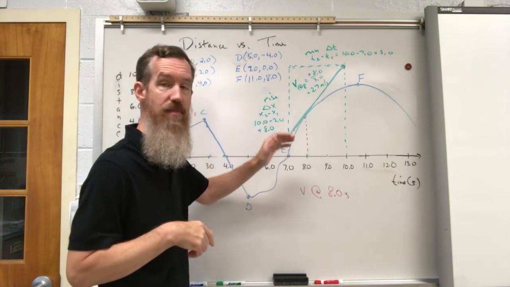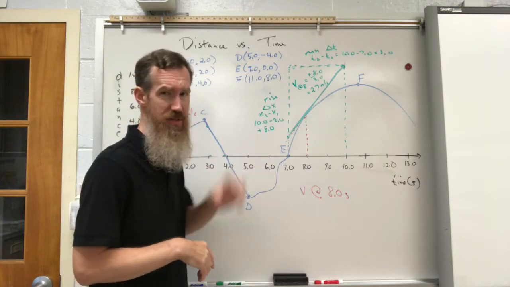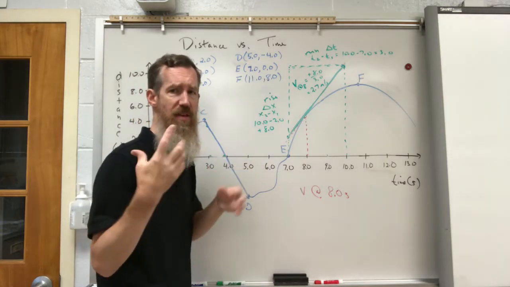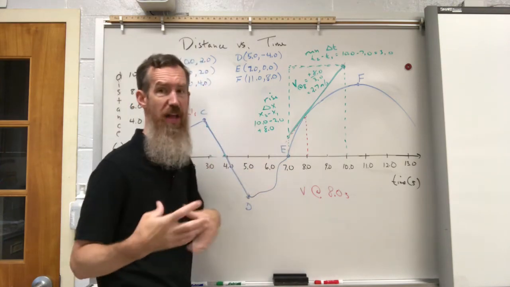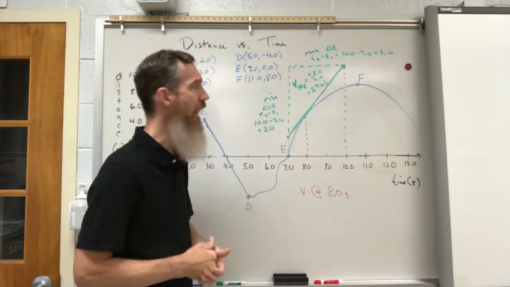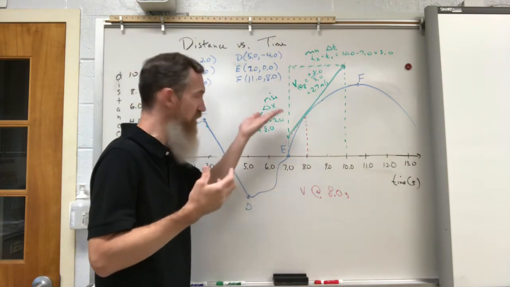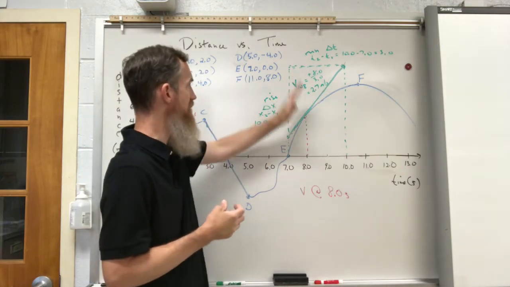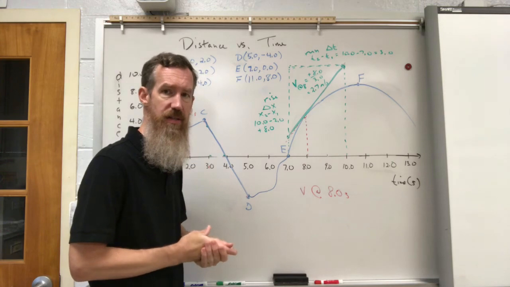You need to then make a large triangle, not a little small triangle, because if you do a small triangle for rise over run, you start estimating numbers too small and the error gets too great really fast. So the bigger the better. And you want to do the rise over run, which is equal to change in distance over change in time for that particular line. And you can find the instantaneous velocity that way.